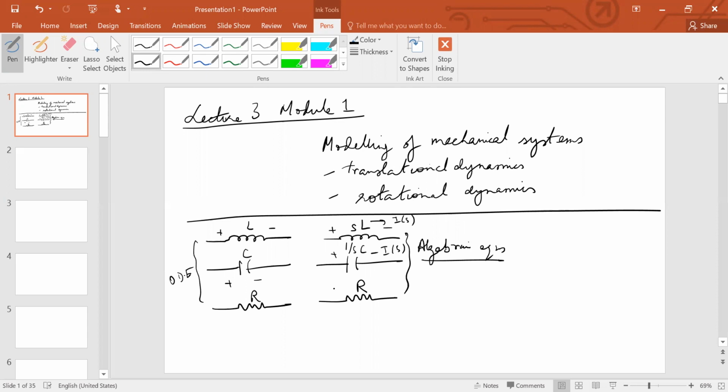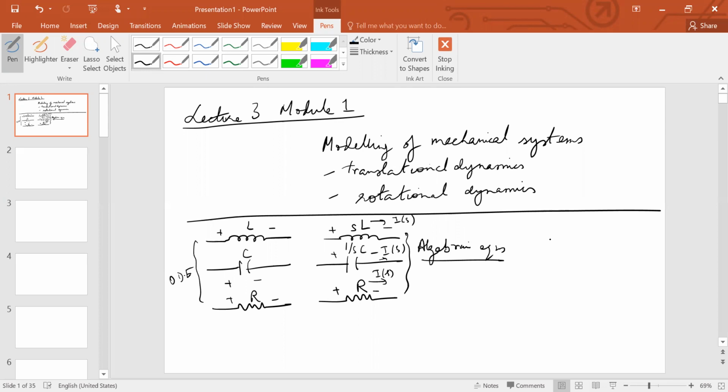But if you're actually looking to solve the differential equation with non-zero initial conditions in place, then just replacing an L with an SL does not suffice.